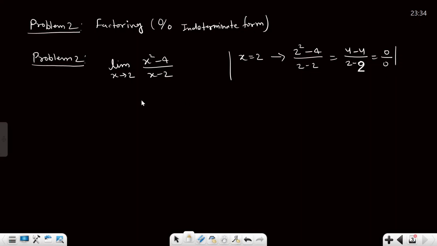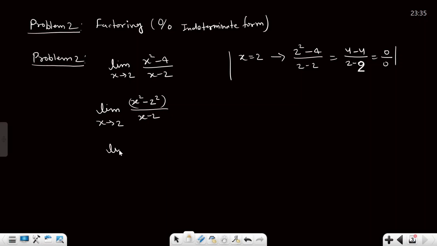To fix this, we need to factor the numerator, and that is the limit as x approaches 2 of the factor of x squared minus 2 squared over x minus 2.